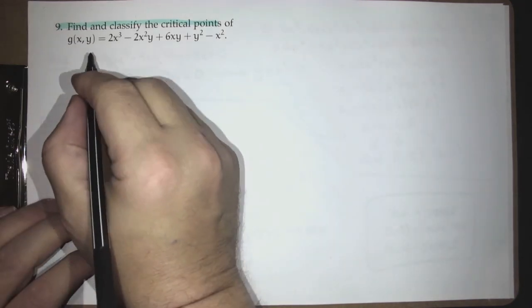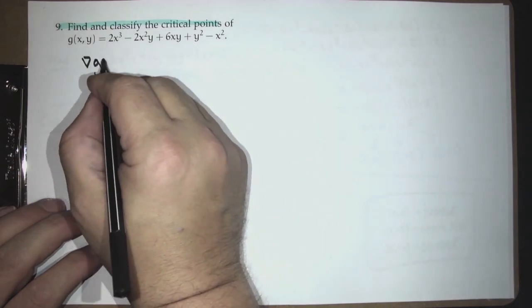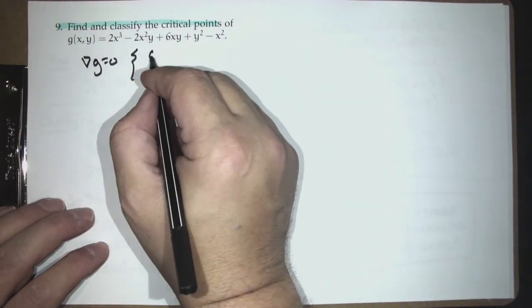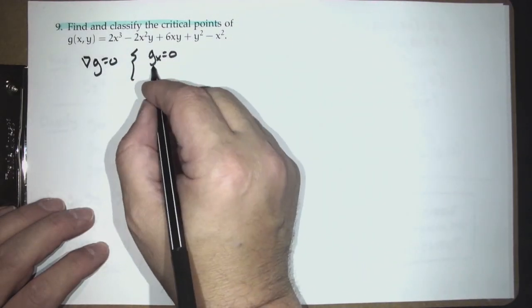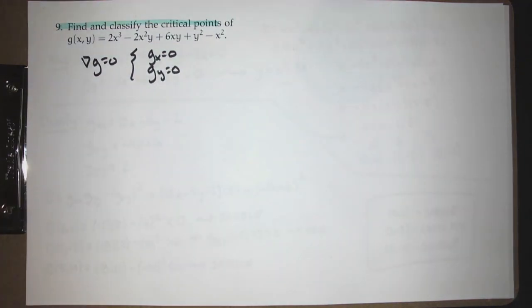Gradient equals 0. So you set gradient equal to 0, which really says you take your partial derivatives equal to 0. We will never ask a find and classify problem for a function of 3 variables because you don't have the tools. You need to take linear algebra before you have the tools, and that is not a prerequisite.